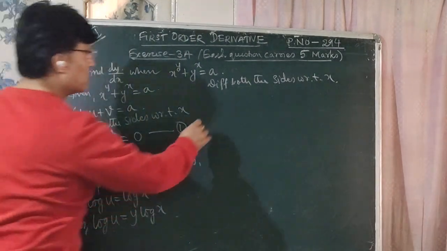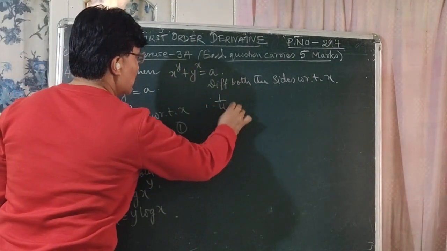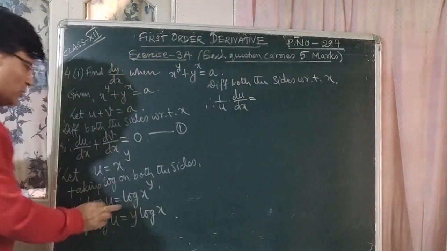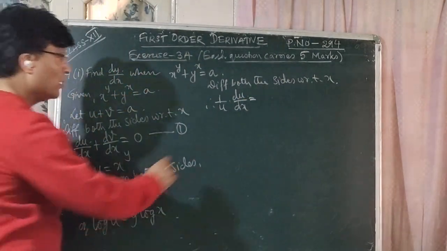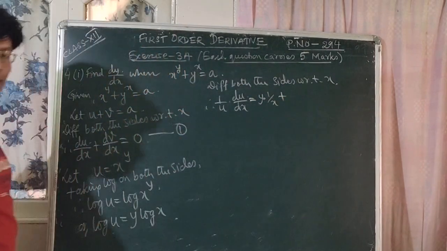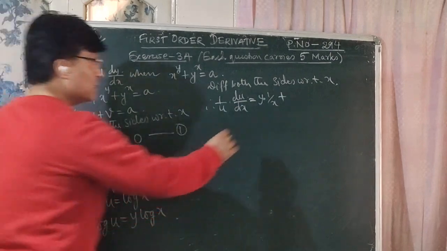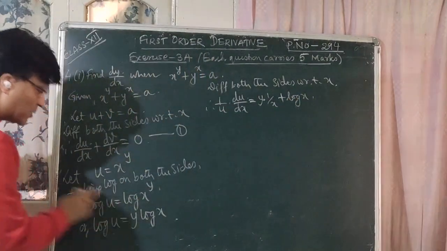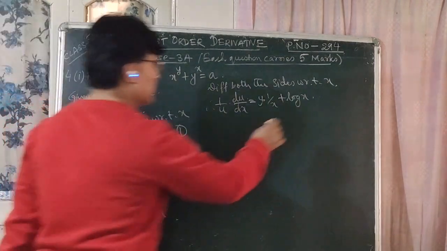Now what is the differentiation of log u? It is 1 upon u into du by dx is equal to, now use uv rule, y into log x differentiation is 1 upon x plus, then log x is kept as it is, into what is the differentiation of y with respect to x? It is dy by dx.